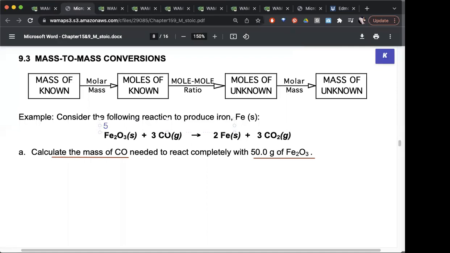We're going to start with 50 grams of this one, and we're looking for mass of CO. How many grams of CO? So let's go ahead and write that out. How many grams of carbon monoxide will be consumed when we start with 50.0 grams of Fe2O3?